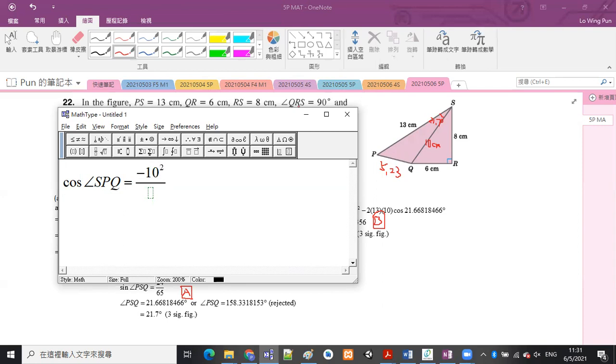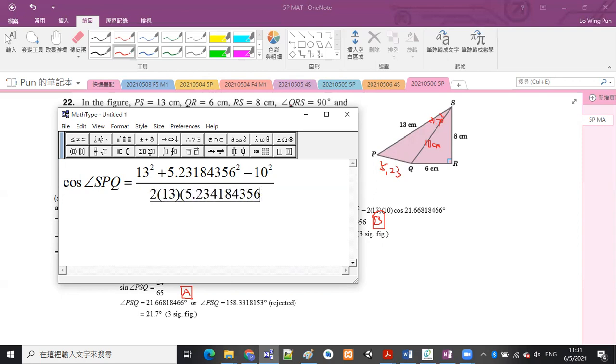And then the other two will be 13 squared plus 5.23184356 squared, divided by 2 times 13 times 5.23184356. And of course, I will enter memory B for this long decimal number. So calculate the right-hand side first: 13 squared plus B squared minus 10 squared. Enter. And then divided by bracket 2 times 13 times memory B. Enter.